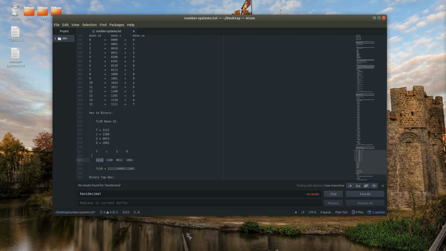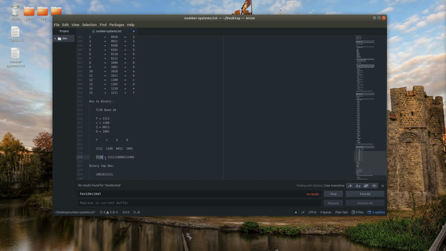F is 15, swap it in. Swap that value in for C. Swap that value in for 3. This is binary 3, and this is binary 9. So it's much easier to convert hex to binary and binary to hex.